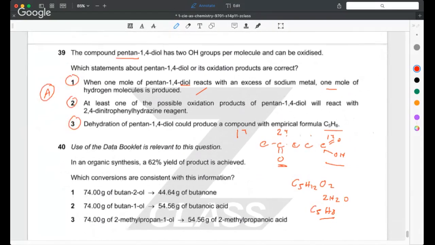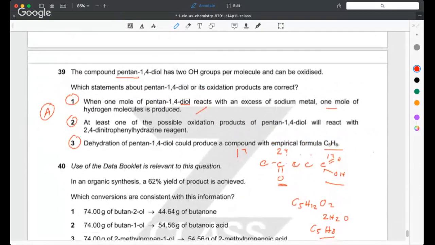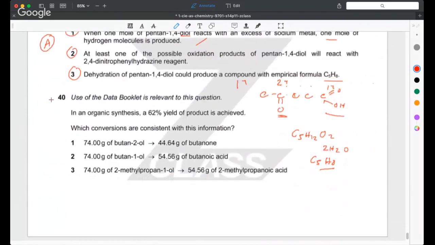And this is one of the ones that the examiner flagged up that students had difficulty with, strangely enough. There we go, okay. So really, all you have to do is spot that butan-2-ol, butan-1-ol, and 2-methylpropan-1-ol all have a molar mass of 74 grams per mole.